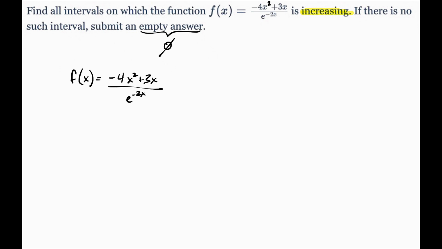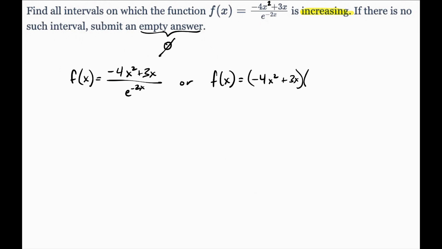Now there's two ways to do this. I need to find the derivative, right? So there's two ways. The first way is use quotient rule. You could use the quotient rule, that'll work. The second way is I could move the bottom to the top, right? I could do this, -4x squared plus 3x times e to the +2x.